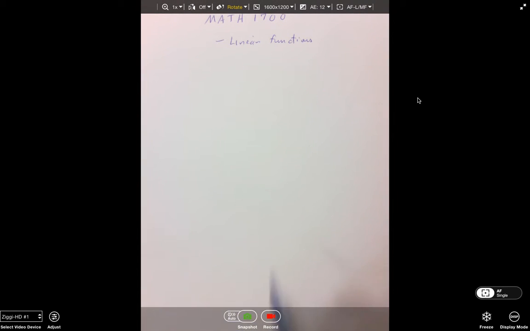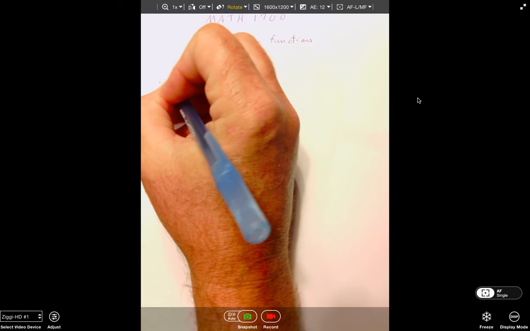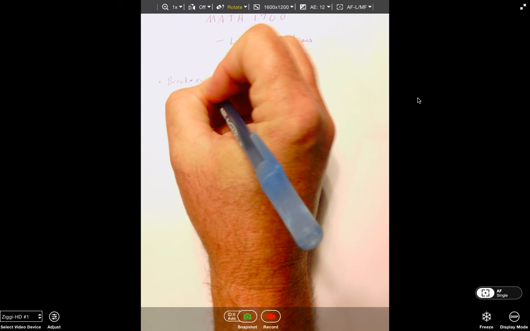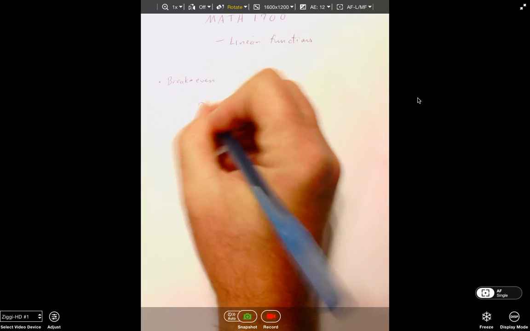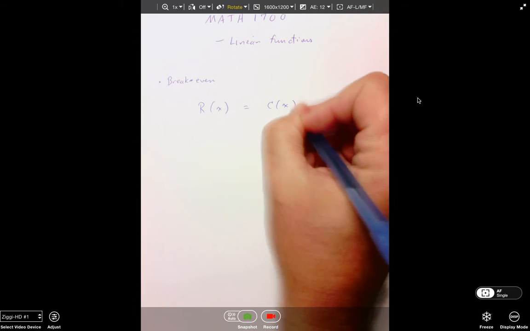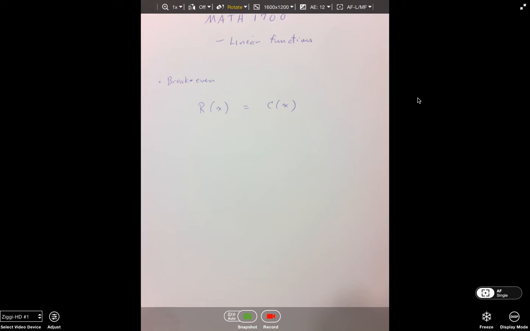All right, so let's go back over here. So we know, guys, break even happens when our revenue equals our cost. That is almost just good old common sense. When you take in and then you spend out exactly what you took in, then you're breaking even, okay?